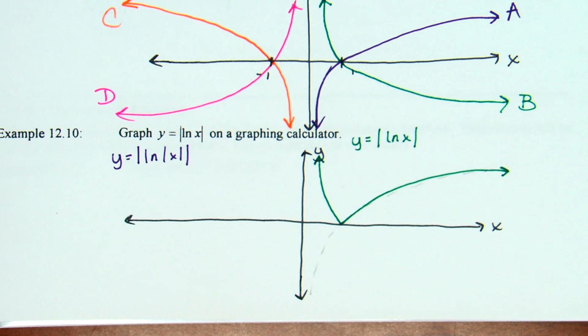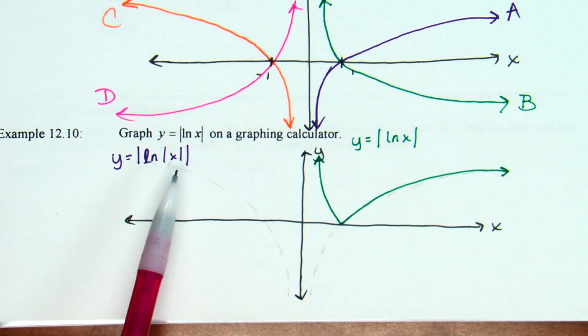Yeah, it's a double check mark, so to speak. In other words, it's taking the natural log of x over on this side and doing the absolute value. Now, what made that difference? We forced x to be positive. Technically, in a log, doesn't the inside of a log have to be positive? It does. And so when you force x to be positive, now you end up with both sides.